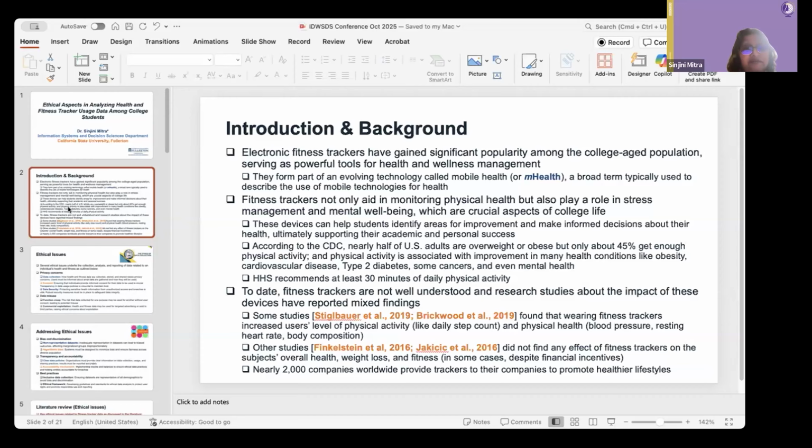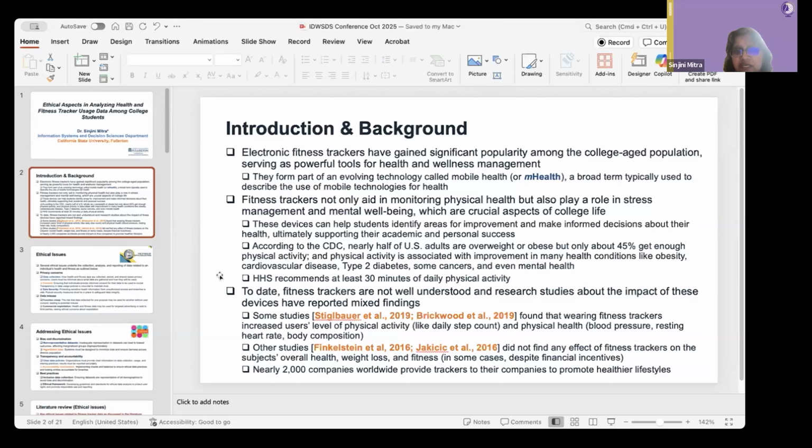And just a quick overview of some of the literature, again keeping it very brief. To date, fitness trackers are not well understood, and research studies about the impact of these devices have reported mixed findings, especially at the beginning, because at that time we didn't have very sophisticated trackers. Over time, these have evolved, and they can track a lot of health statistics, not just your number of steps and active minutes, but a lot more than that.